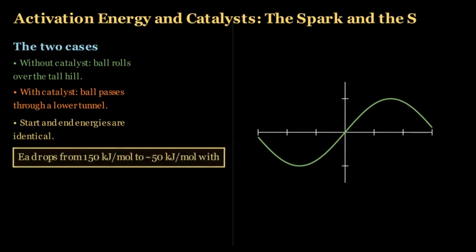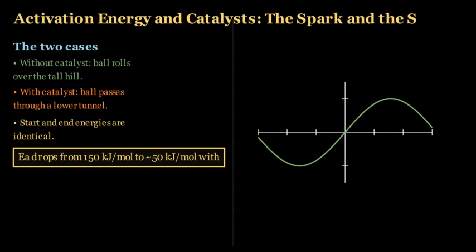The overall energy change, the delta G we learned about, is exactly the same. But the barrier is now much smaller. That tunnel is a catalyst. It provides an alternative path with a lower activation energy, so many more molecules can make the journey, and the reaction happens much faster. And the catalyst itself? It emerges completely unchanged, ready to help the next ball through.